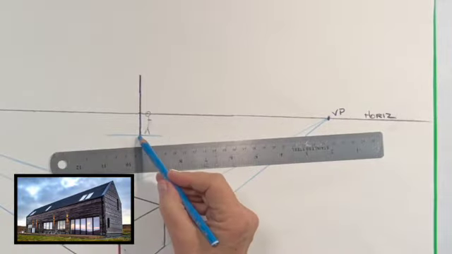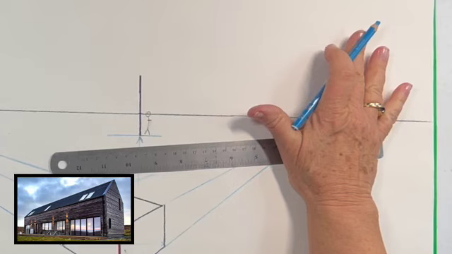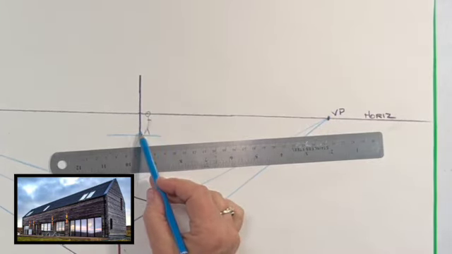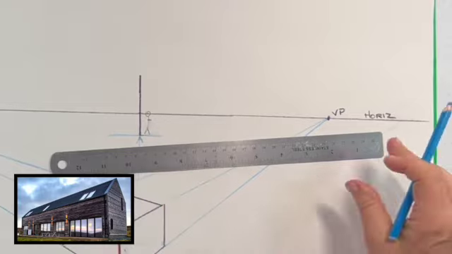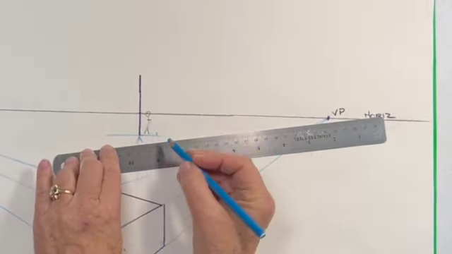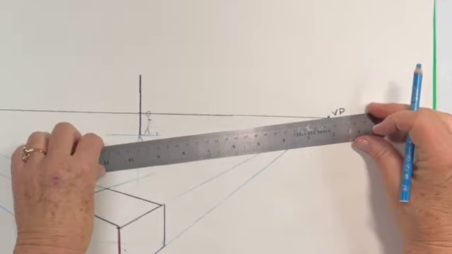We determine, if you're starting from scratch and you don't have this yet, that this side of the house, we're going to see quite a bit, is going to go off at maybe 15 degrees. So we're looking at the angle from that perpendicular line and this line going to the vanishing point.